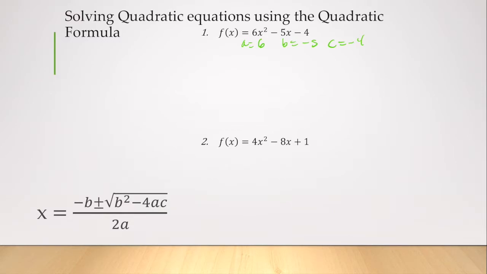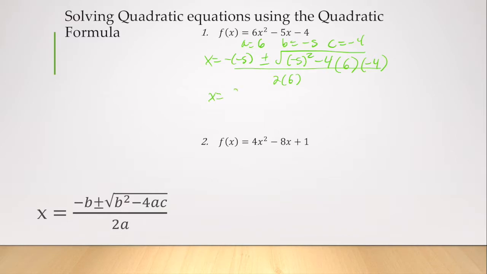Then I can substitute those into our equation. So I have x equals negative 5 plus or minus the square root of negative 5 squared minus 4 times 6 times negative 4 all over 2 times 6.